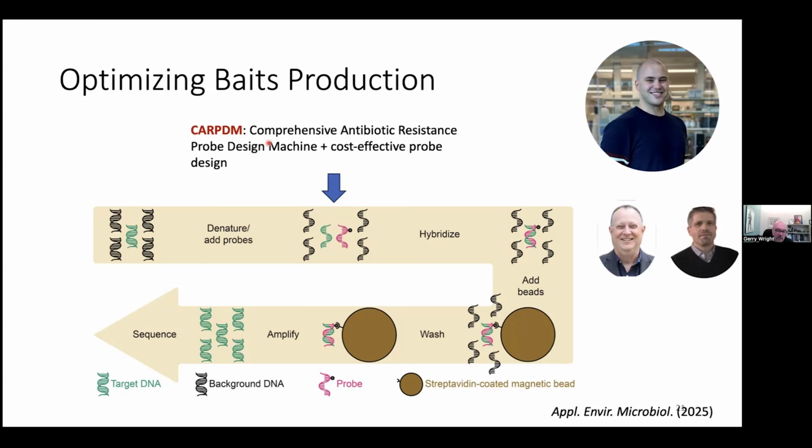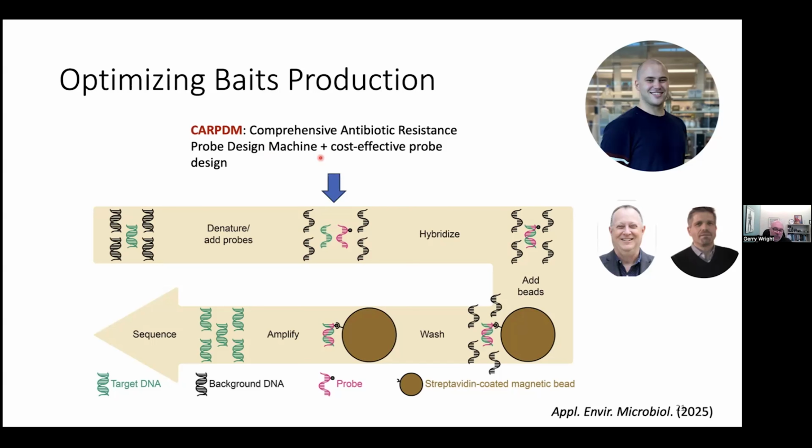When we started this study with Allison, I think there were 2,500 genes in CARD, and now there's north of 6,000. So you don't want to have to continually redesign probes. And the really cool thing that Dirk did as well is he built out a very cost-effective probe design and synthesis system that you can actually do in the lab.